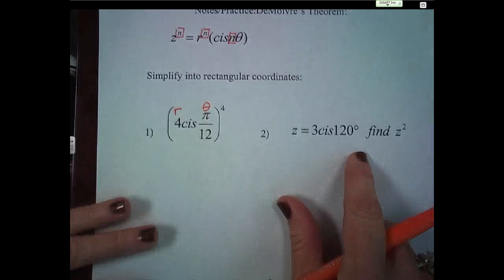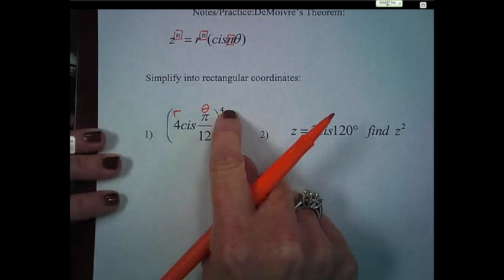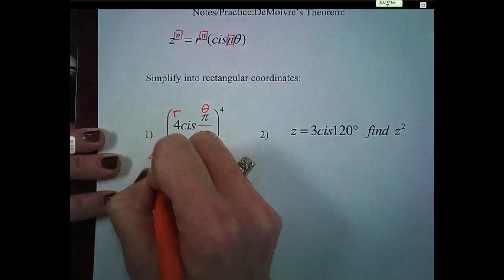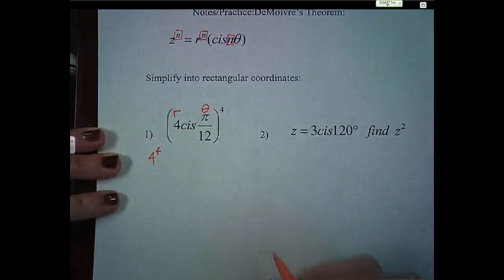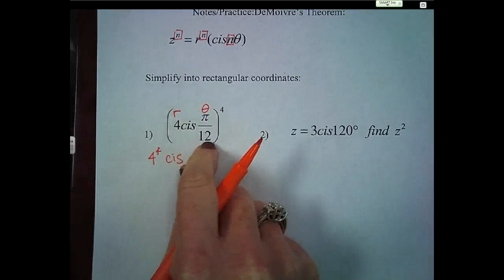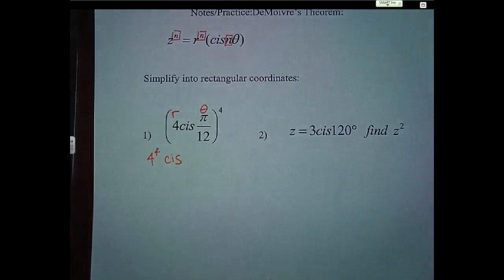But the problems down here are much easier. If it's written like this, let's follow the formula. If I want to raise it to the 4th power, it says r to the nth power, so I want 4 to the 4th power. Then CIS. And pi over 12 is not on our unit circle. 30 degrees is actually pi over 6, which is 2 pi over 12, not pi over 12, so it wouldn't work.